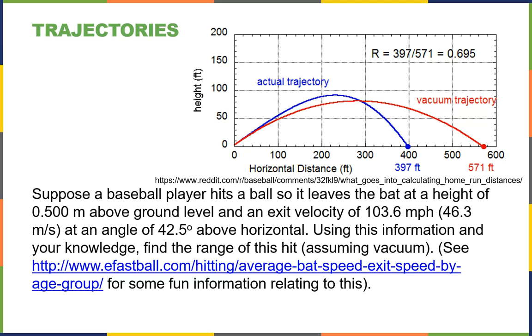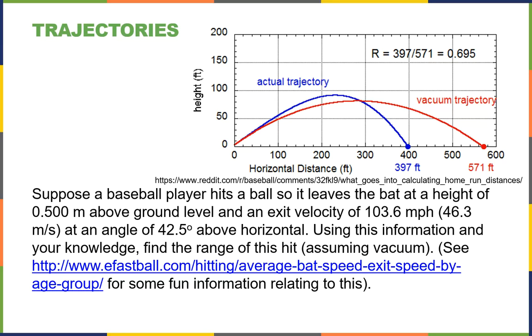But hitting it around 45 degrees, which coming off the bat looks like a pop-up until it just keeps going because you hit it really hard, is going to get you the longest distance you can fundamentally, especially because of the outfield fence. A little bit above 45 is actually going to get you the longest because the fence is higher than where you hit it from.